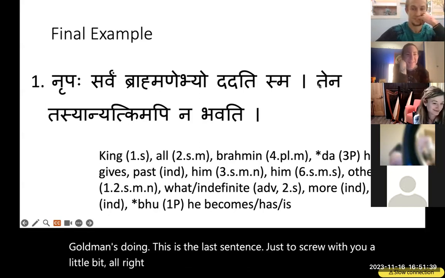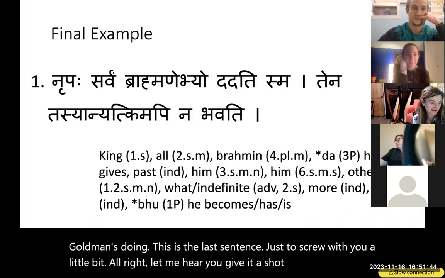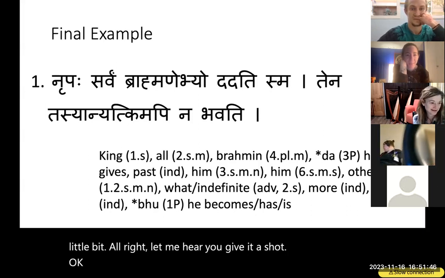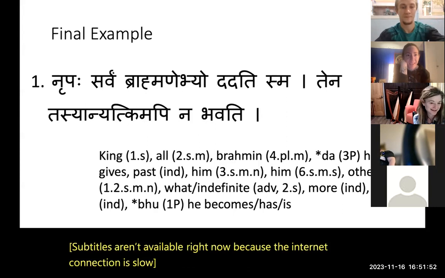Okay. Nripaha sarvam brahmanebhyo dadati sma. The king gave everything to the Brahmins. Perfect. Tena, therefore, tasya anyat na kimapi.